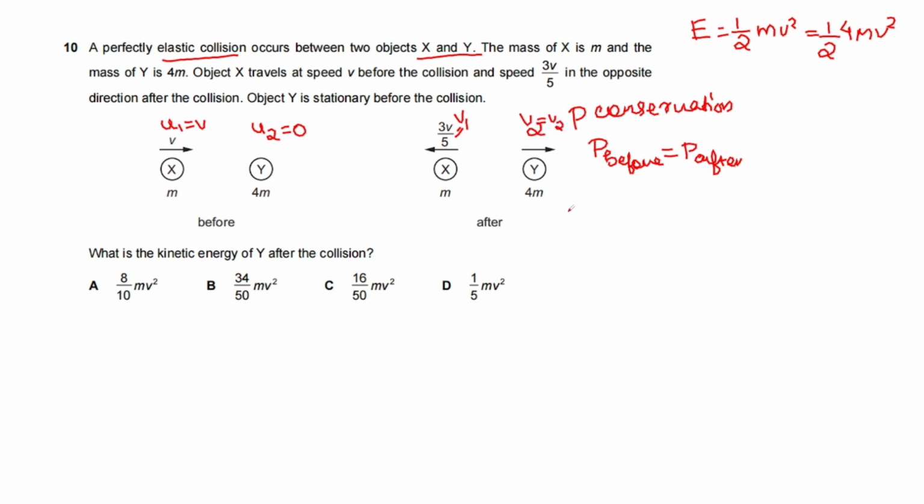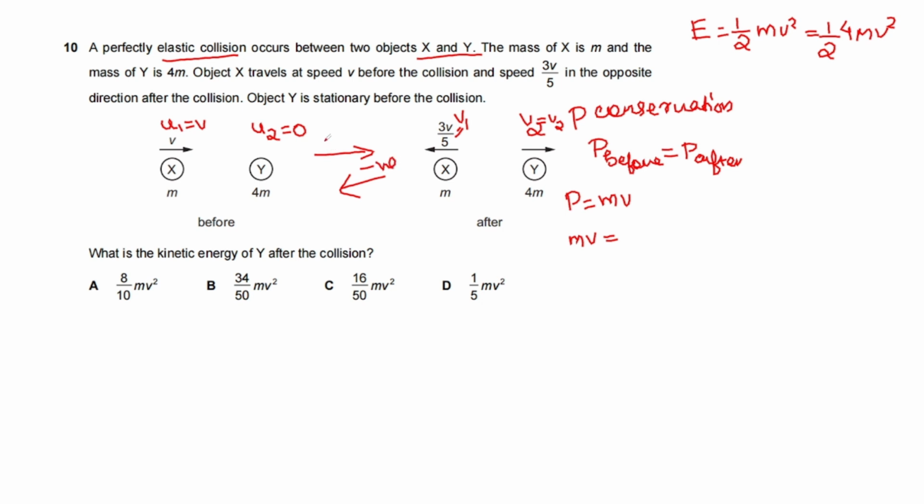Okay, so the sum of momenta before collision, momentum being mass times velocity, has only the momentum of object X, which is mv, and this is equal to the momenta after collision. Since the object is moving in the opposite direction, let's consider this one as negative.